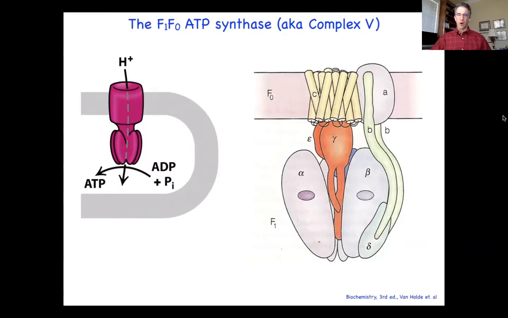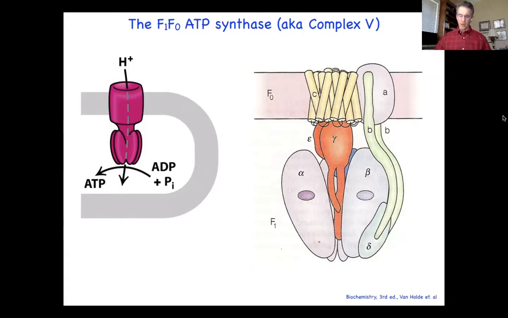So the F0 part of this machine is the piece that's embedded in the membrane, right? And it consists of about a 150 kilodalton complex of 3 different subunit types. One is the so-called C subunit. Basically, each C subunit is essentially a couple of helices that form a helical pair.